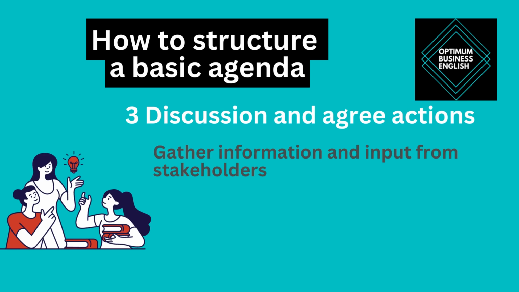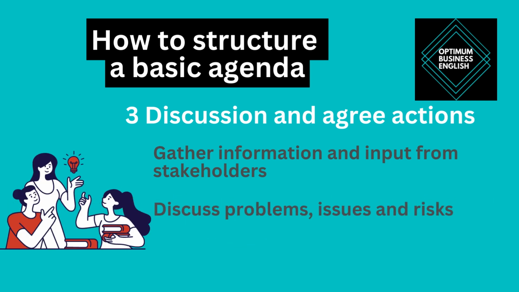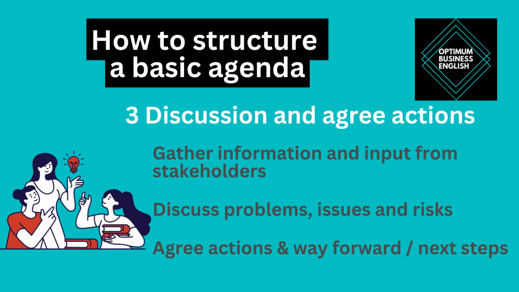This would start by gathering information and input from the various stakeholders in the meeting, before discussing any potential problems, issues, and risks that they may foresee. Finally, those attending the meeting will agree actions and the way forward, also known as the next steps.